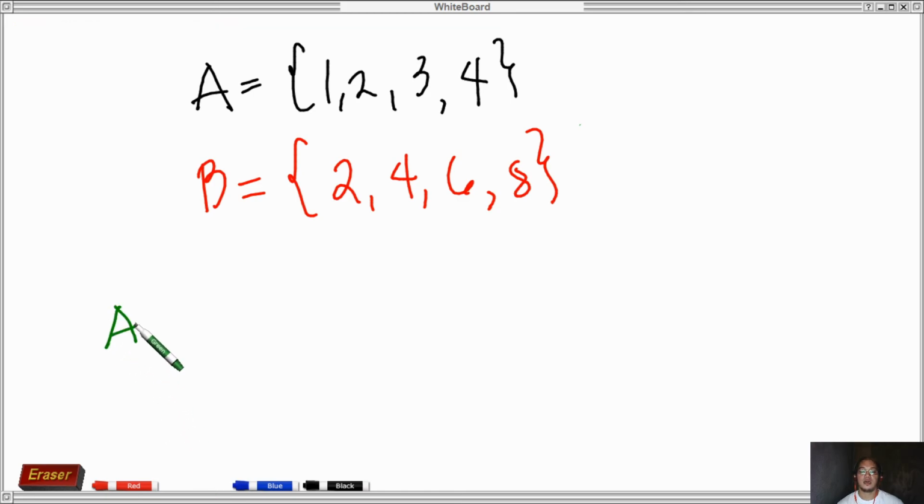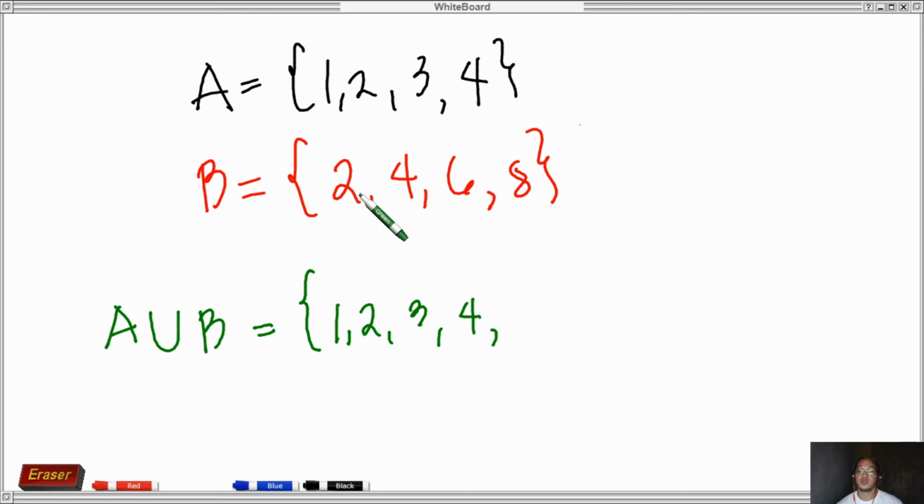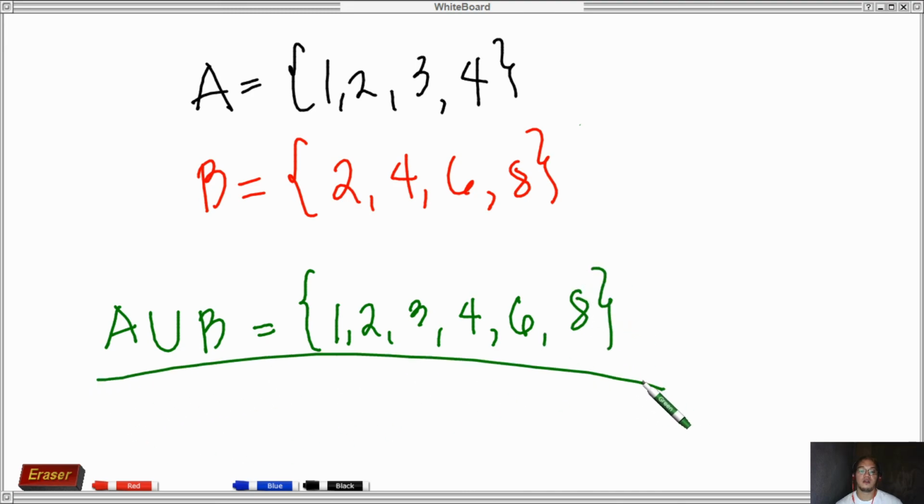A union B: we open a brace and write 1, 2, 3, 4. The next is, do we need to write 2? No, 2 is already there. Do we need to write 4? No, 4 is already there. Then we proceed directly to 6 and then 8. So this is now the union of A and B, which is 1, 2, 3, 4, 6, and 8.